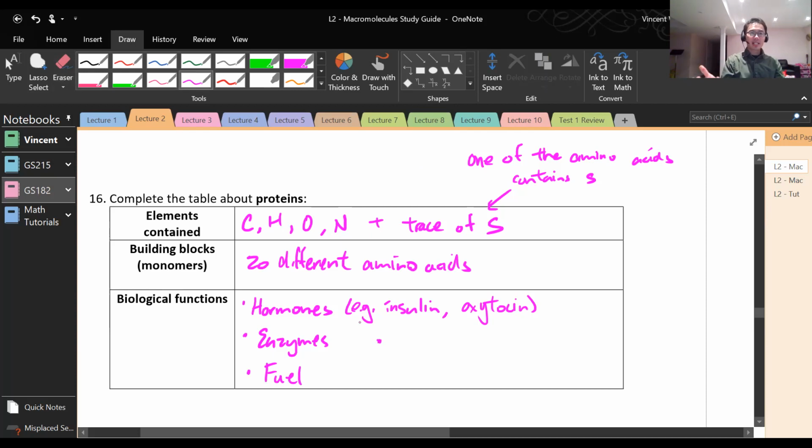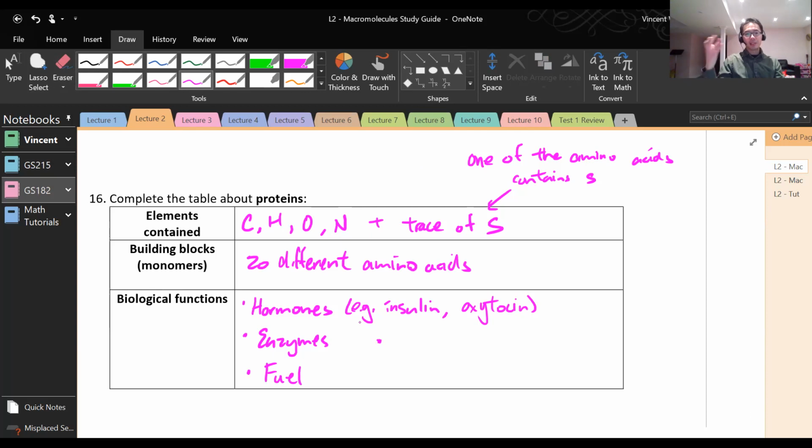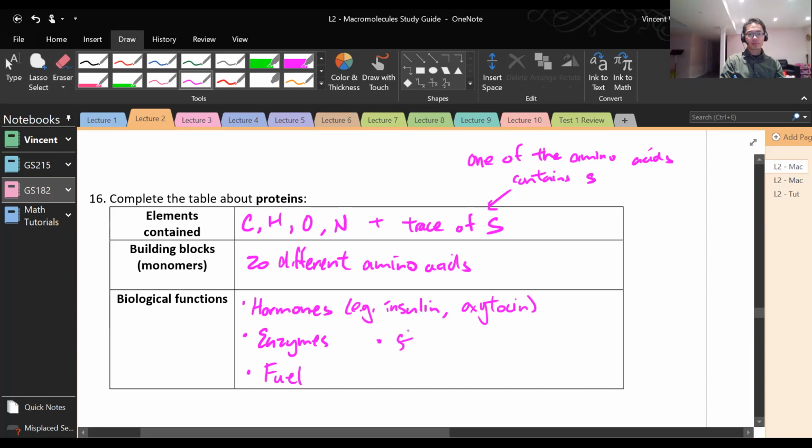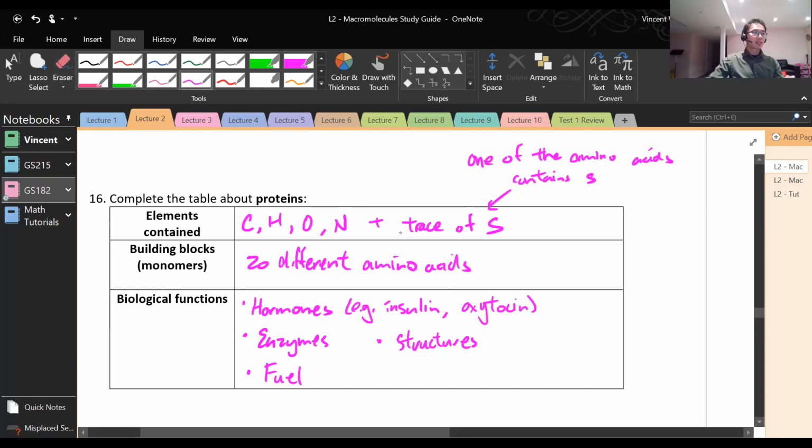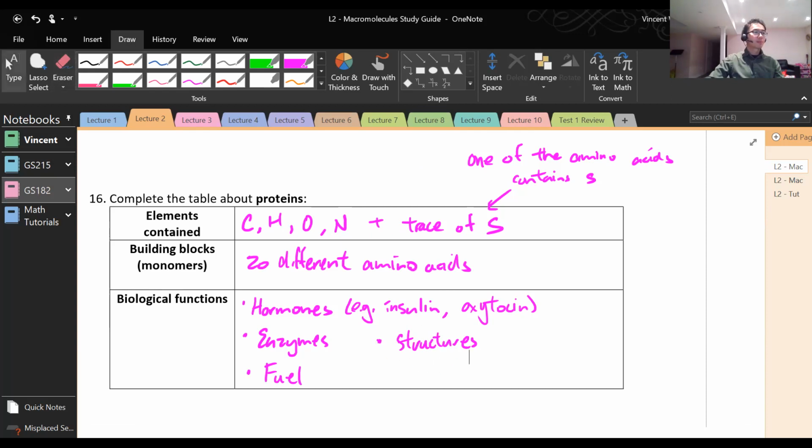That's why when you're stressed out, or your body goes into starvation mode, your immune system goes down, because you start to break down proteins that are a vital part of your immune system. Proteins can also provide structural support. Your muscle is made up of proteins. Your hair, your fingernails, a lot of stuff is made up of proteins.